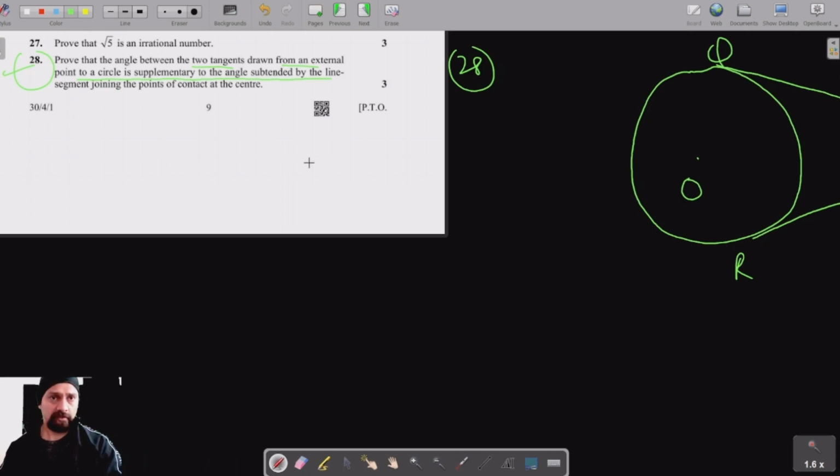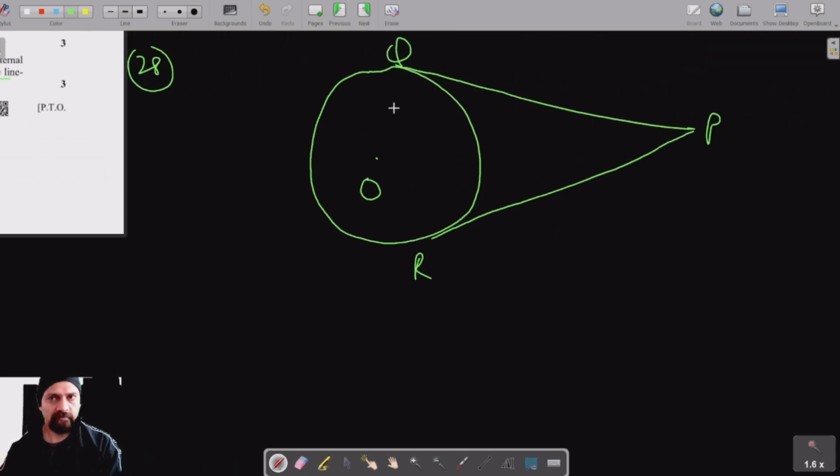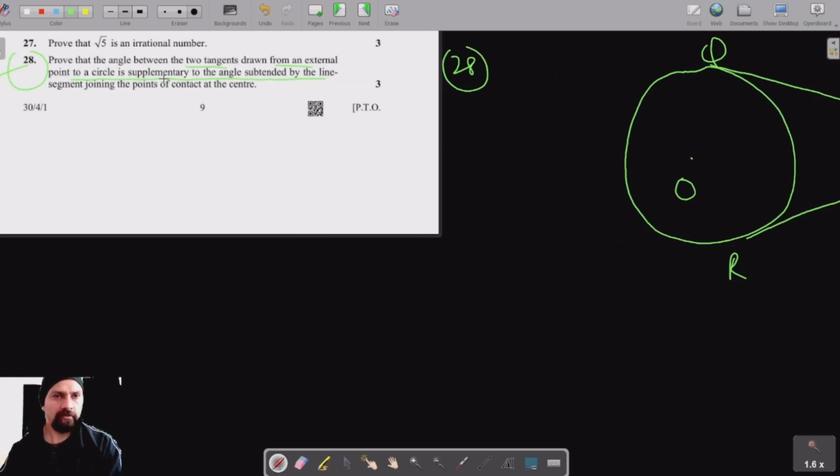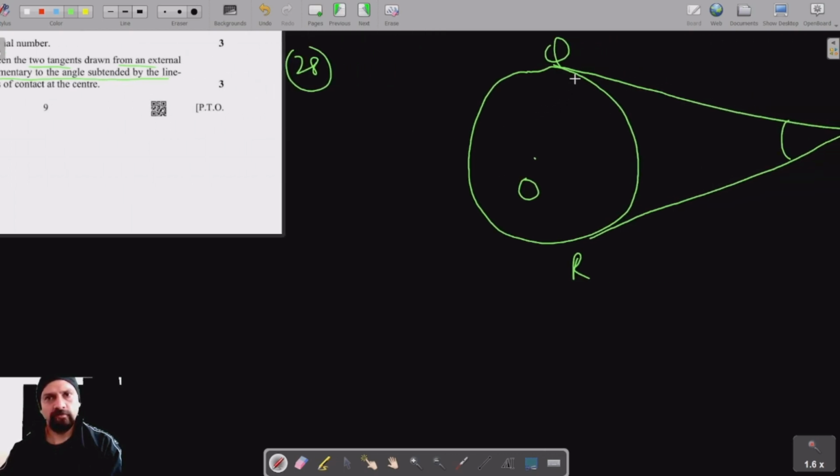Now it's given that this angle is supplementary, that is makes a sum of 180 degrees, with the angle subtended by the line segment joining the points of contact Q and R. So if we join the points of contact Q and R, then they subtend the angle QOR at the center.